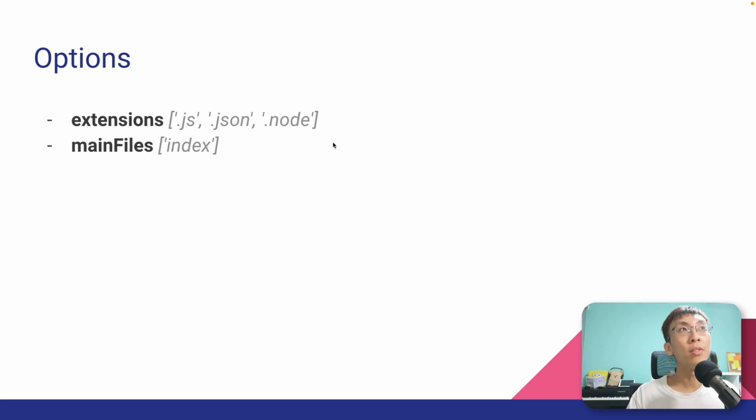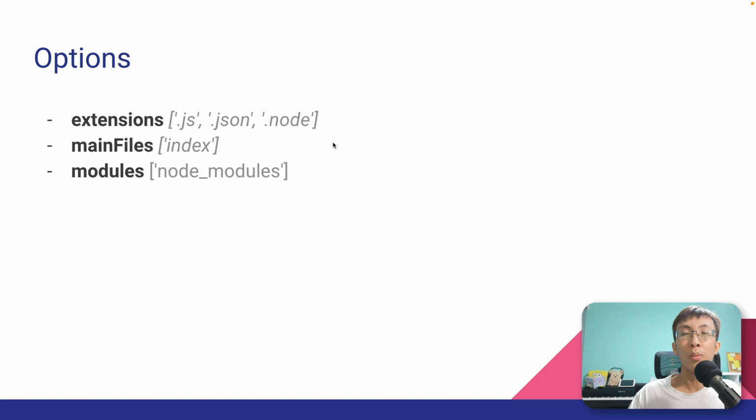Okay, so main files is that option, and then why node_modules, right? If you're using another package manager and it installs into a different folder, then you might want to specify a different folder instead of node_modules.